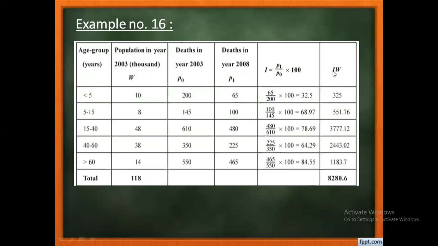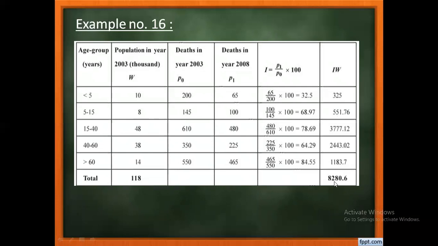So we'll have IW, I into W: 10 into 32.5, 325; 8 into 100, 68.97 into 8, 551.76. So this is how we can derive the IW, and the total of this IW is your sigma IW.